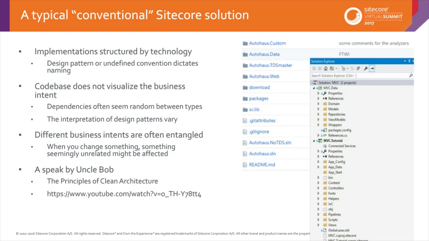And the whole approach to separation of concern is often mixed or unclear. Especially even within a development team, there can be different interpretations of the separation of concern, which means some developers put something somewhere while others put it somewhere else.